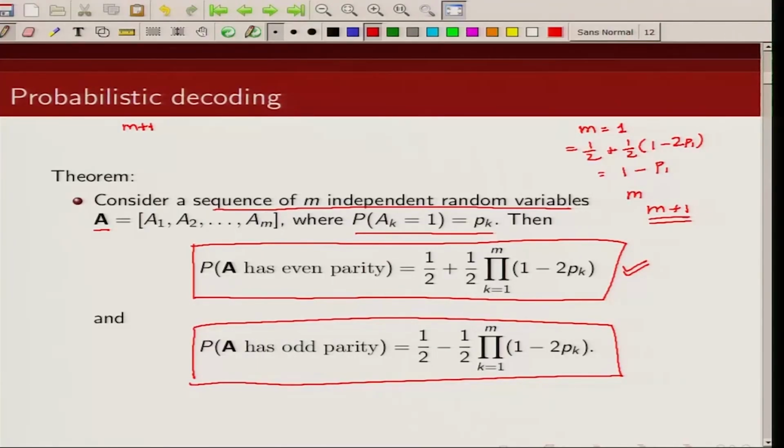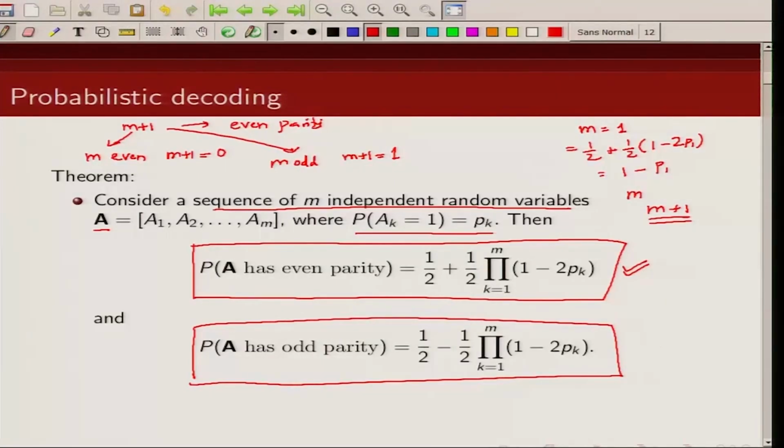They will have even parity when m of them have even parity and the (m plus 1)th bit is 0, or the sum of m independent random variables gives odd parity, and the (m plus 1)th bit that we receive is actually 1. Then we will get even parity for m plus 1.